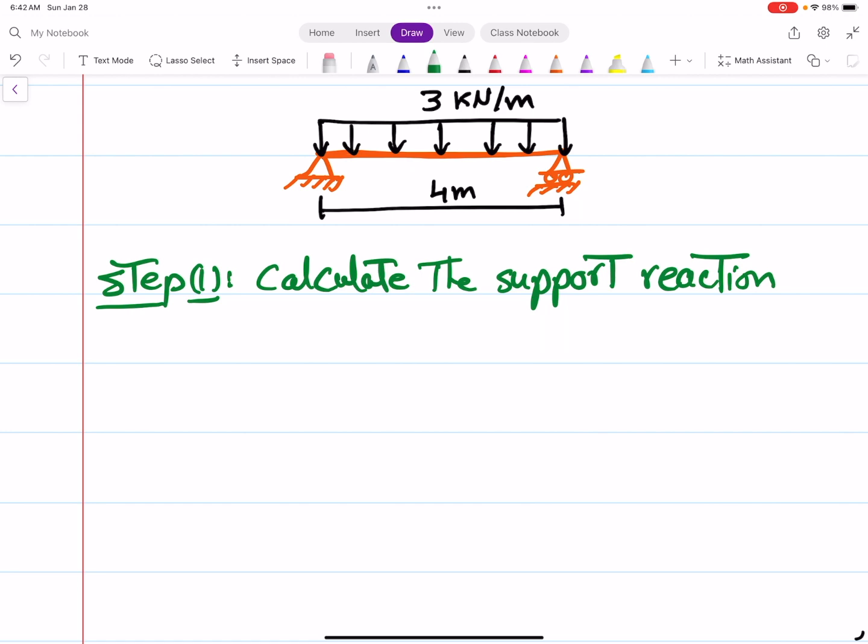So let's do it. We have the beam, and we have pin, roller, and distributed load.